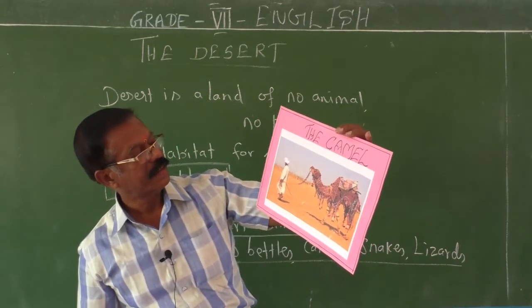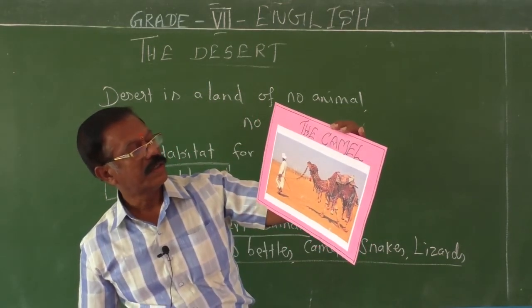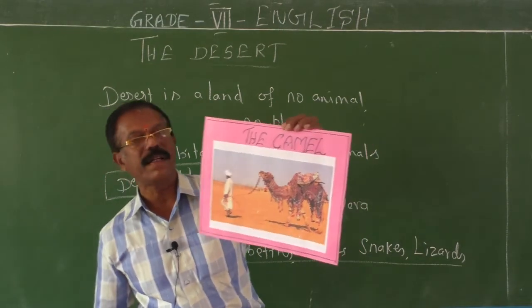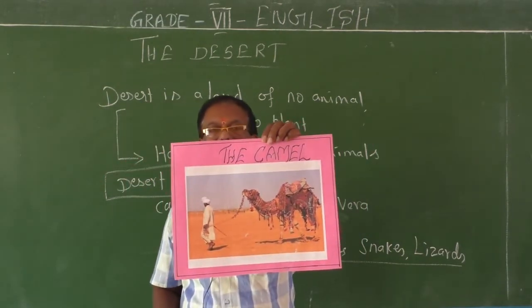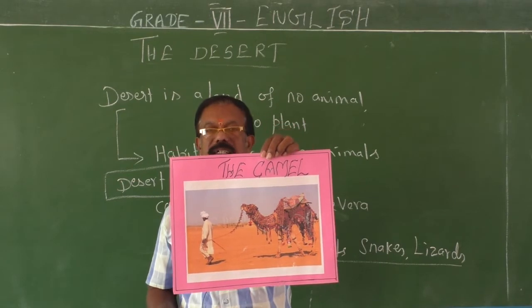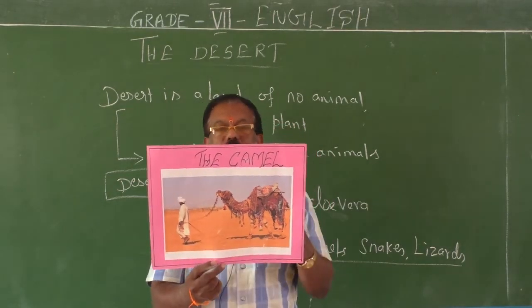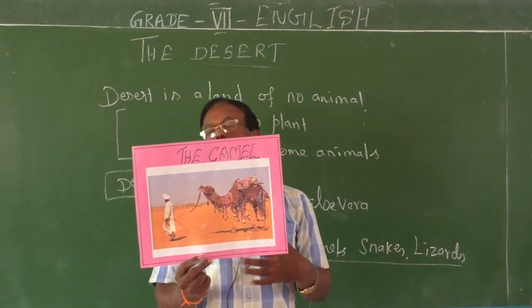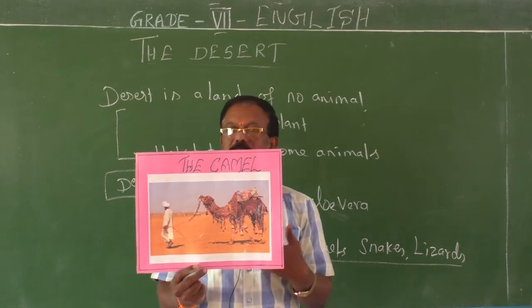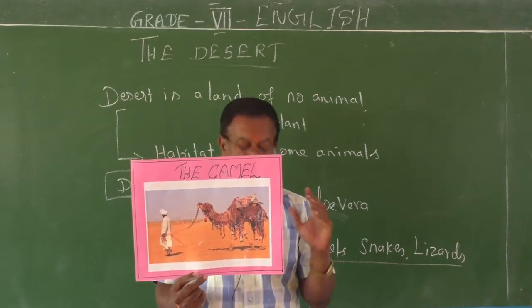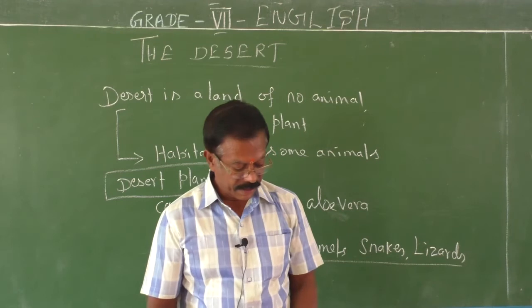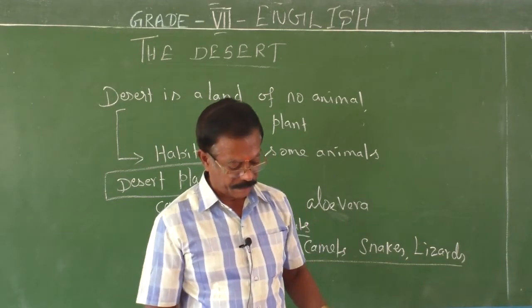See here, one who loaded the camel with his luggage. So it carries on easily. I will explain later why we call the camel a ship and what adaptations it has. Okay, fine.